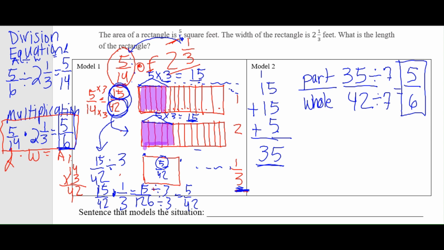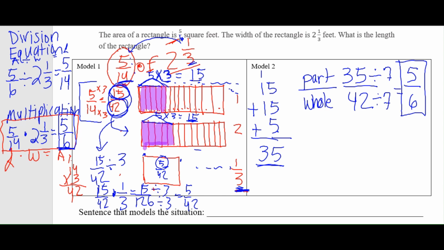So once again, I don't want you to write 42 boxes and then shade 15 of the 42. That's too much work. So what you could do is keep the simplified 5/14 and then show multiplying that by 3, which is showing that you know that the denominator is 42 because it should be 42 whole boxes because of the 14 and the 3.